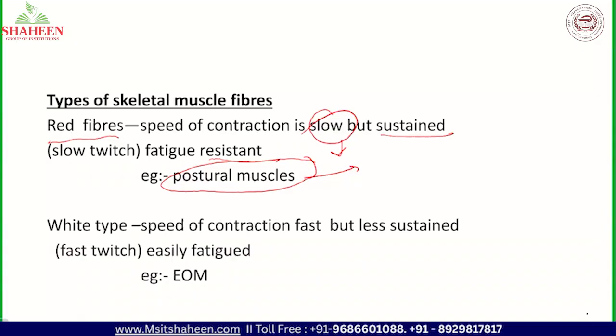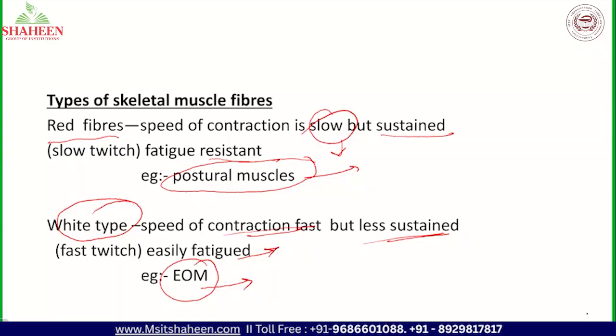But in the case of white type muscles, the speed of contraction is very fast, but less sustained because they fatigue very fast. An example is the extraocular muscles, which are the muscles seen around your eyes. They undergo contraction very fast, but they fatigue very fast.